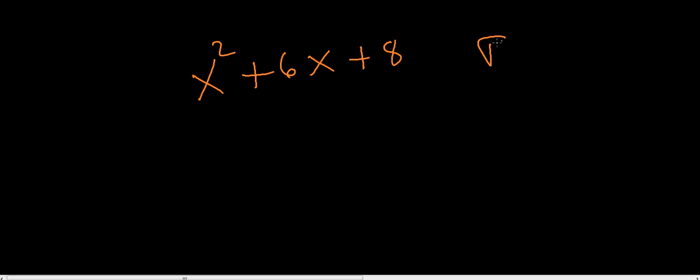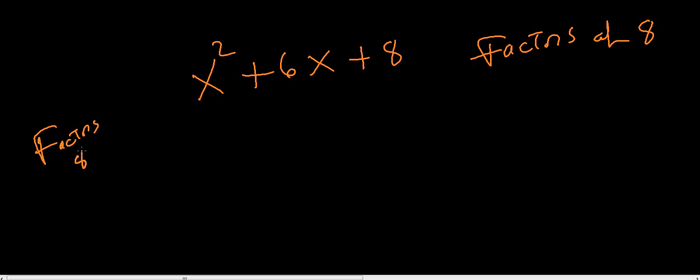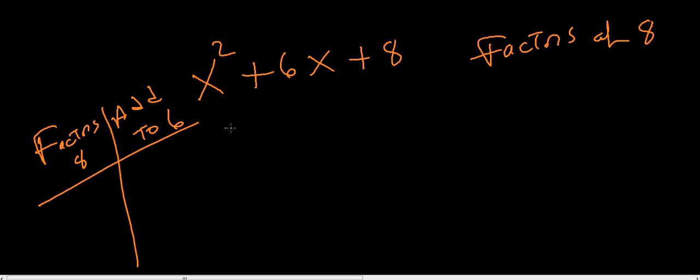Let's look at another example. Let's do x squared plus 6x plus 8. So we want factors of 8 that add to 6. And since we've got an x squared coefficient of 1, we're going to put an x here and an x here, because x times x is x squared, right?